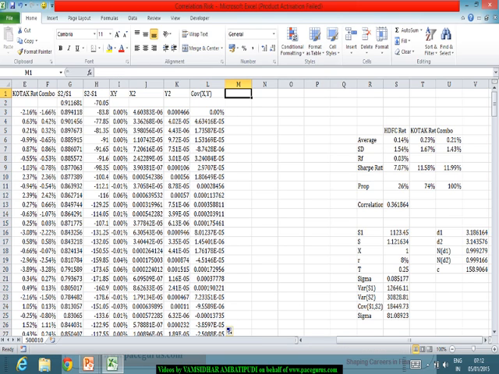Similarly, I can work out with respect to the variances, right? Even the variances also I can do the same thing. For each of them, I can compute the variance.